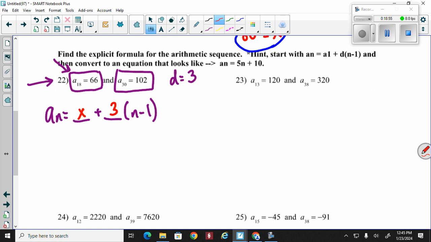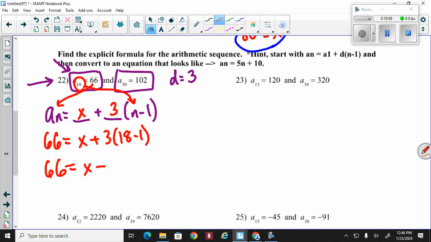I'm looking for my first term. 66 goes there. Little 18 goes there. So 66 is equal to x plus 3 times 18 minus 1. So 66 is equal to x plus, let's see, 3 times 17. I believe that's 51. Subtract 51, x is equal to 15.